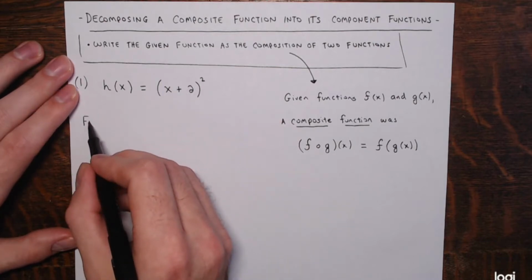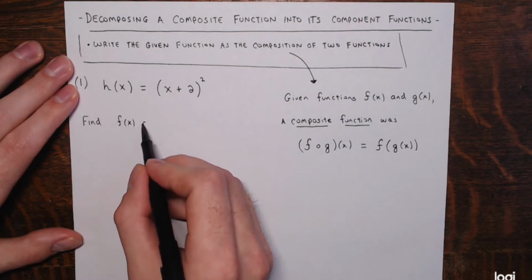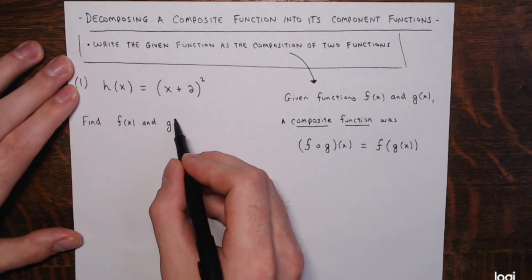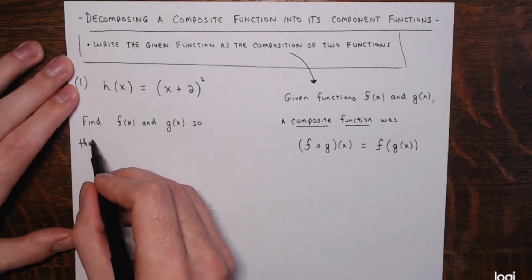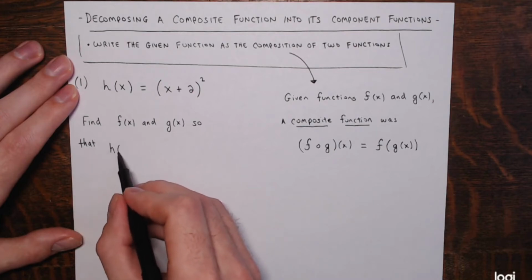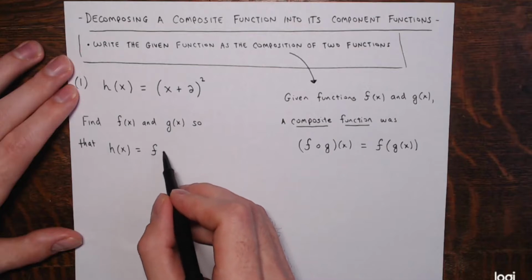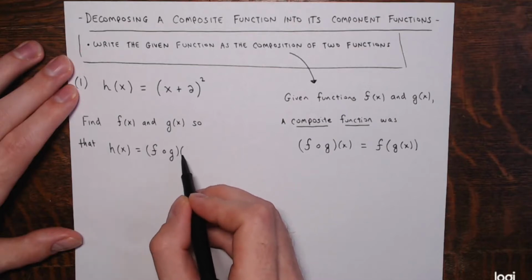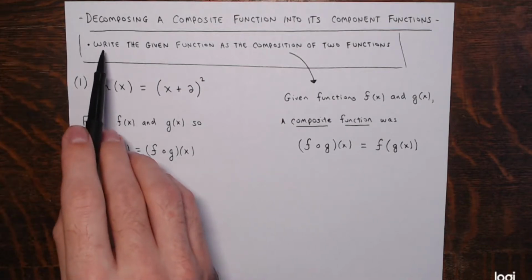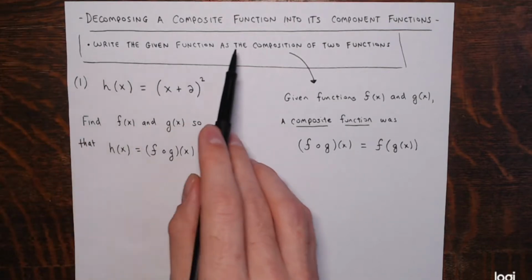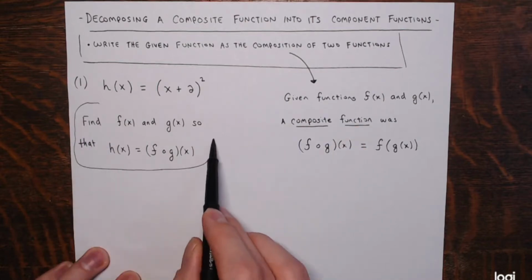We're basically trying to find f of x and g of x so that the function h of x we are given is equal to their composition, f composed with g. That's another way of saying what the instructions were: the given function is a composition of two functions. This means the same thing.